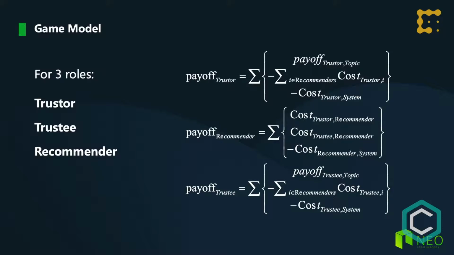So we need an incentive and punishment mechanism to help this dynamic model give people the right incentives or punishments. This game model just describes all these things. It has three roles: truster, trustee, and recommender.